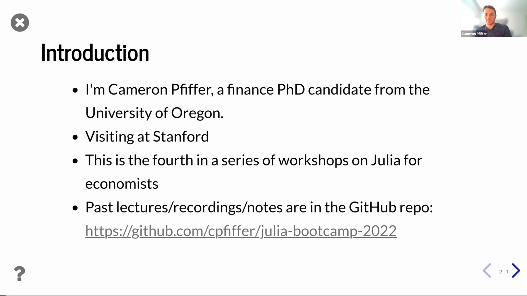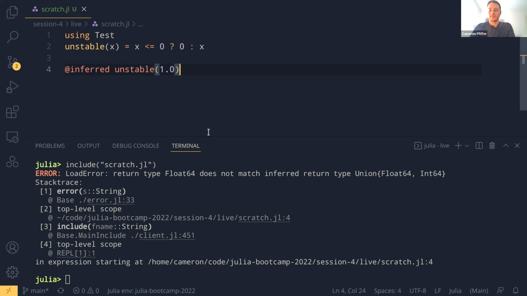The inferred type, when this actually hits the compiler, it thinks it could be either a Float64, which is x, or it could be an Int, which is the literal 0. And so when you call @inferred, you can actually have it throw errors when the type is not inferred correctly. And this is a really good tool to use if you're going through and writing unit tests. I think it's kind of a pain if I have production code, but definitely if you're writing large production code, that's good. Or have a testing suite.